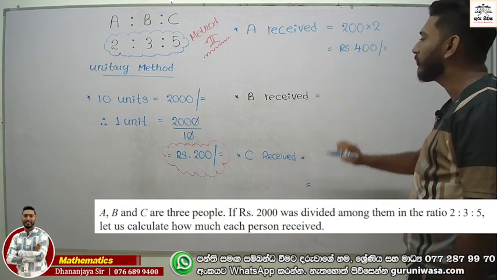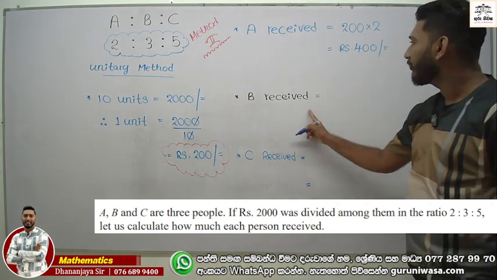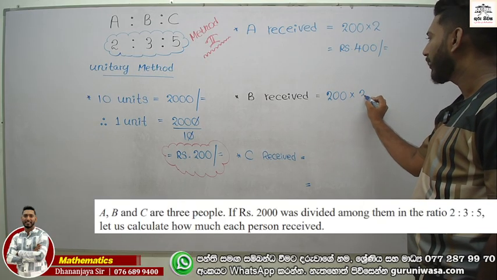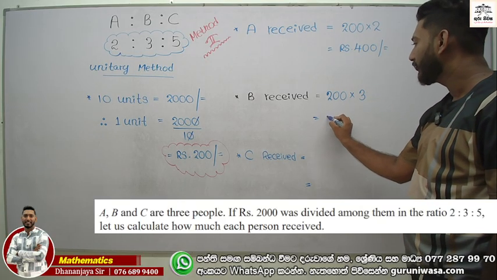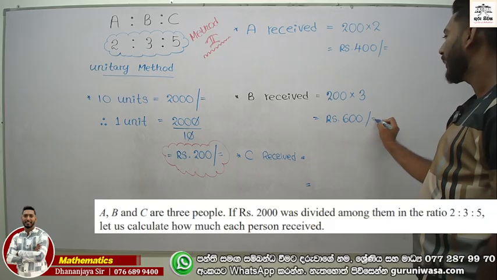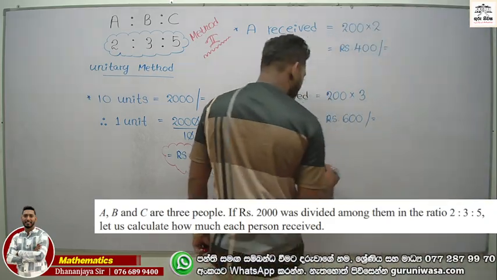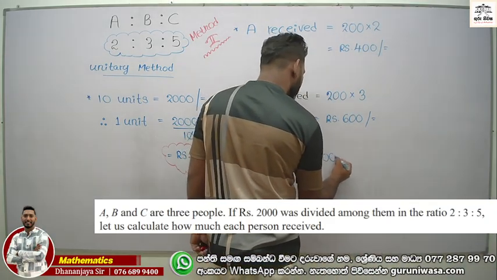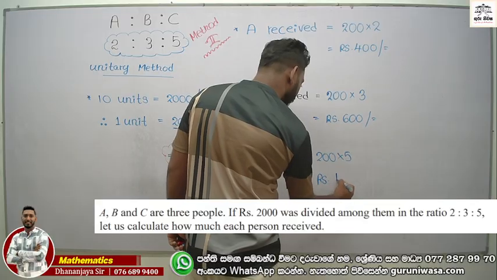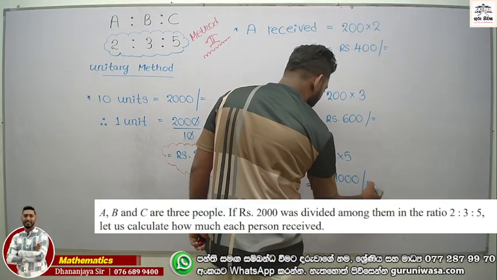Now A received 400 rupees. B received 3 units, 1 unit is equal to 200, you need to multiply by 3. Now the answer becomes 600 rupees. Now last one, C received 5 units, 200 multiplied by 5. Now C received 1000 rupees. Is that easy?